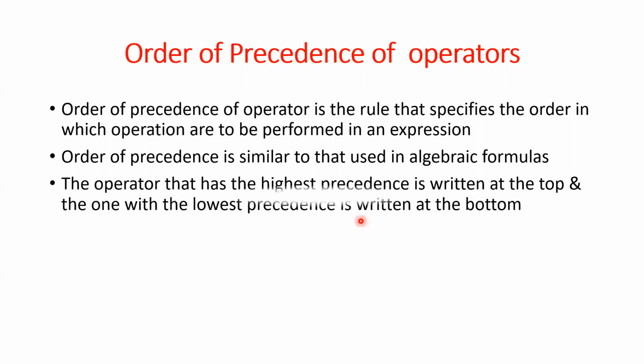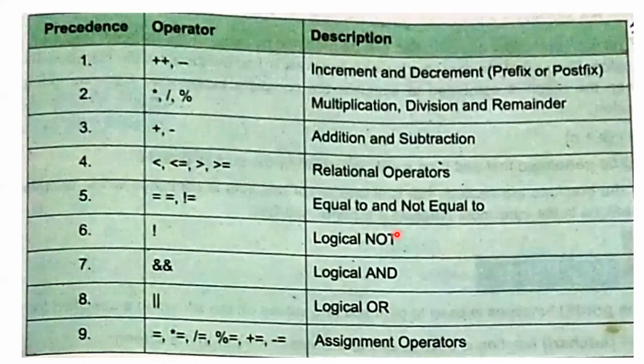The operator that has the highest precedence is written at the top, and the one with the lowest precedence is written at the bottom. This is the first rule. I repeat it: the operator that has the highest precedence is written at the top and the lowest is written at the bottom.